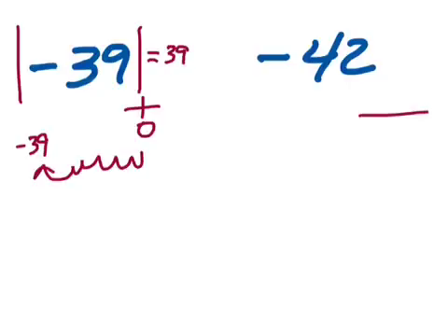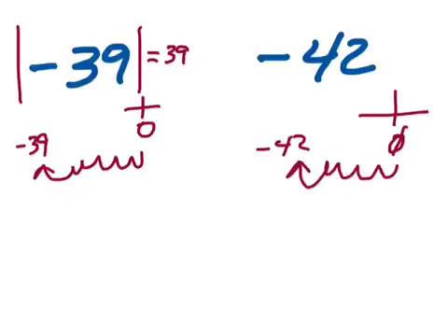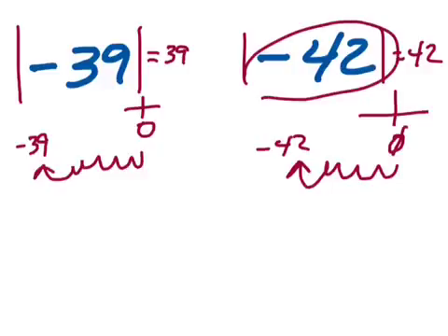If we start at 0 and want to go to negative 42, it takes 42 steps to get to negative 42. The absolute value of negative 42 then is 42. So which absolute value is larger than the other one? Negative 42.